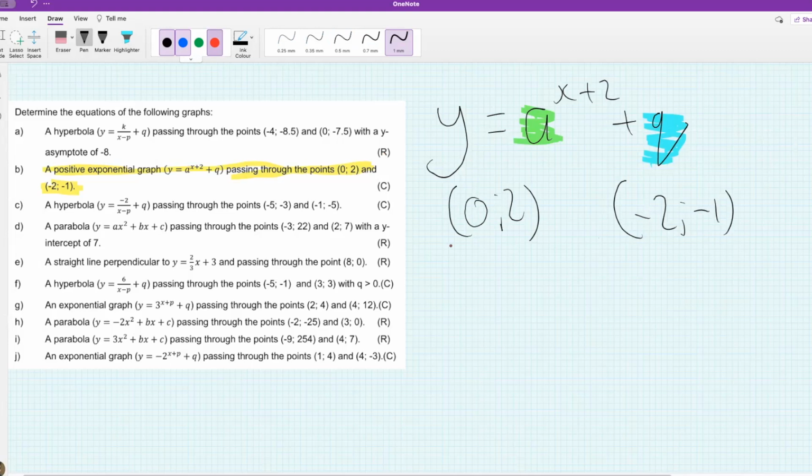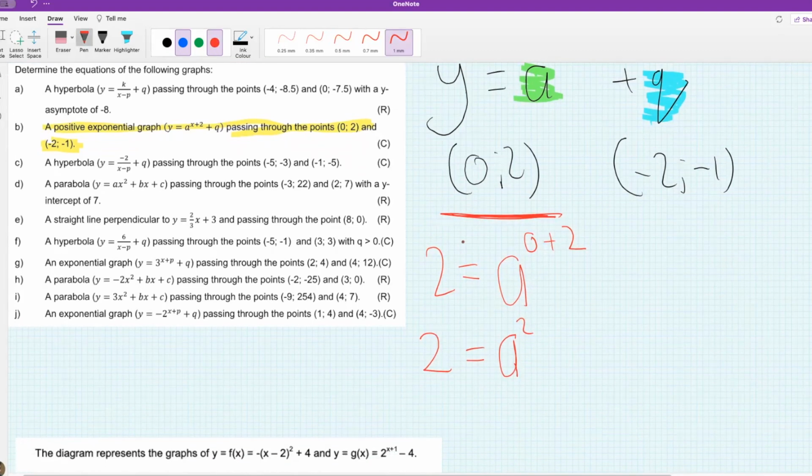So what I'm going to do is take this first point and sub it into this. And I'm going to get 2 is equal to a^(0+2). And then I'm going to say 2 is equal to a squared. Now, what do you think a is going to have to be in order to satisfy this equation?